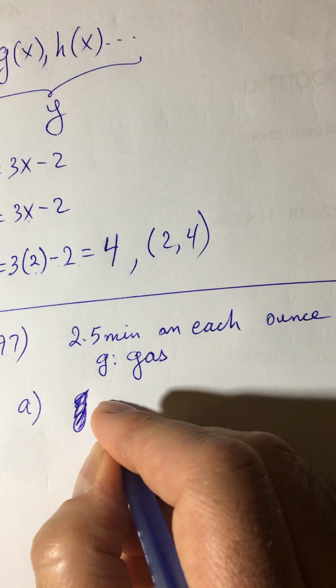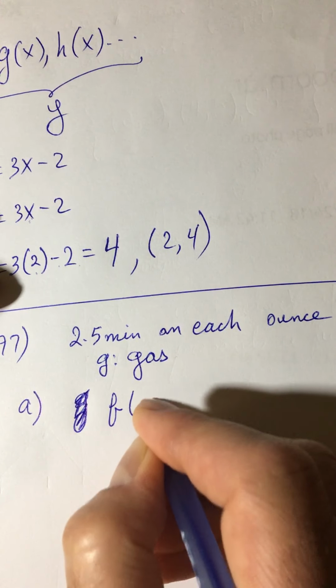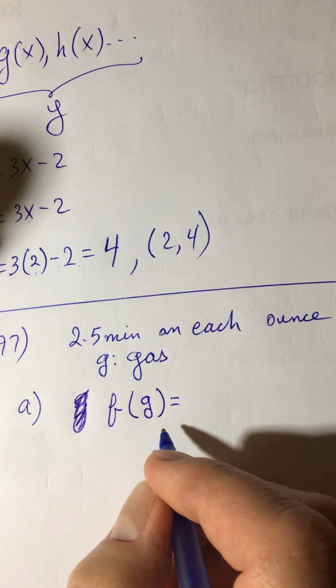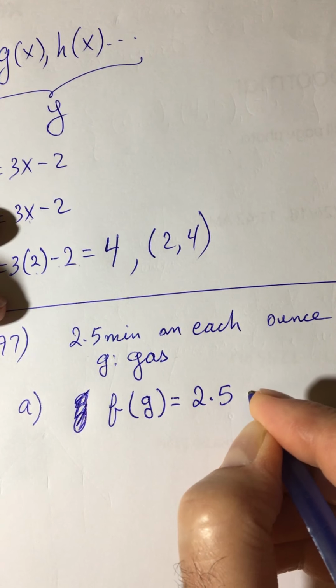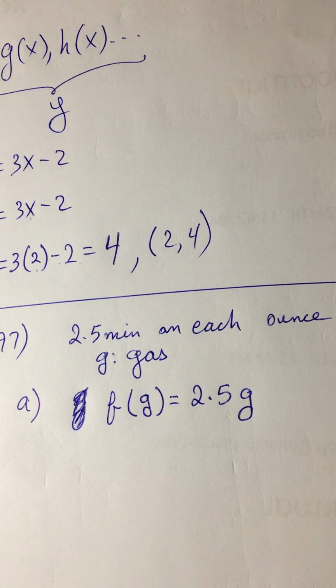So let's say F of G would be 2.5 times G. So G is the amount of gas. That's the independent value. The more gas, the more operation time. Less gas, less operation time. So that's one way of writing it as a function.